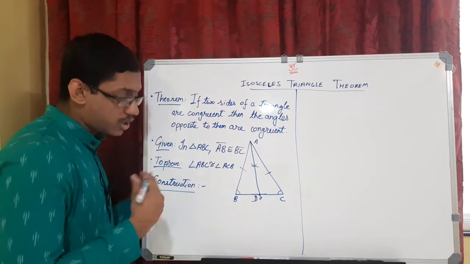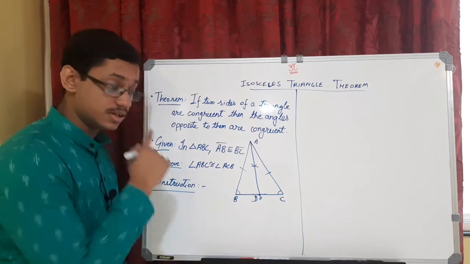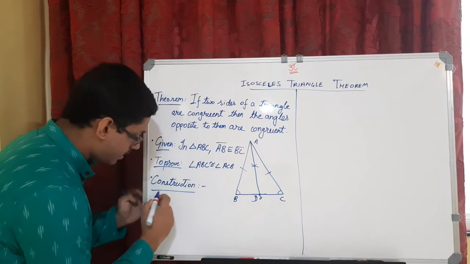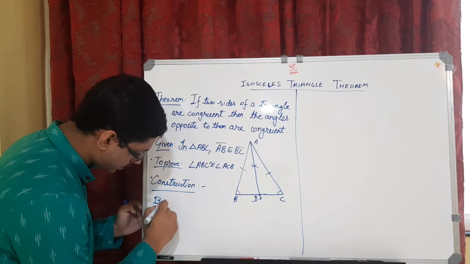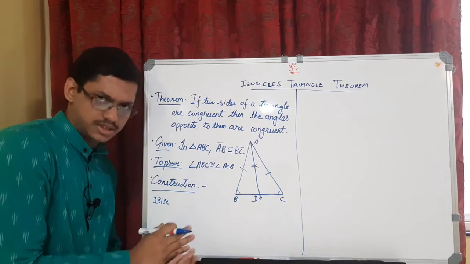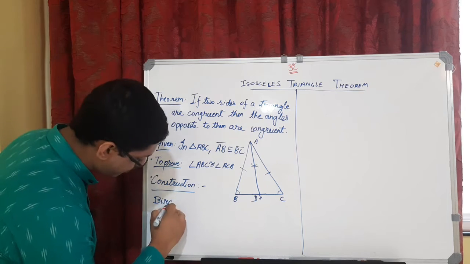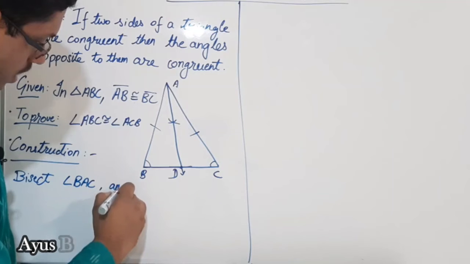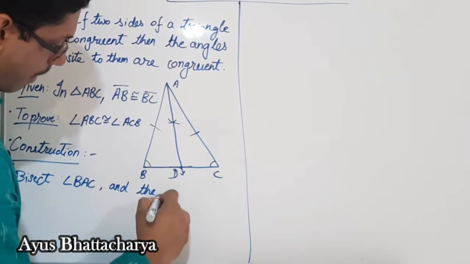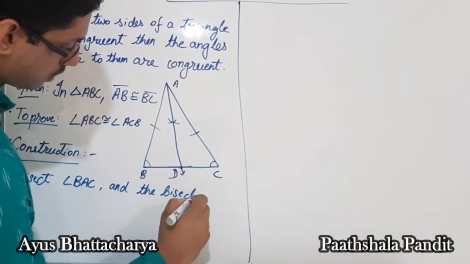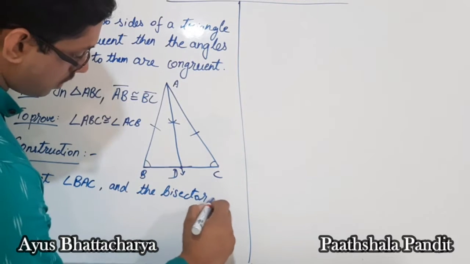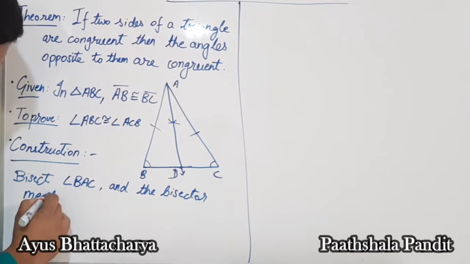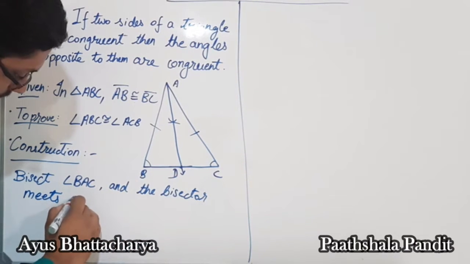Okay. So what do we write in the construction? We will write that bisect means to half it, to make it half. Bisect angle BAC and the bisector meets side BC.